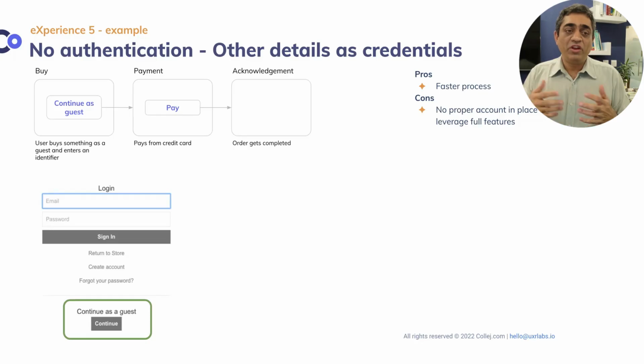This is where, when you're buying airline tickets or buying on e-commerce or whatever, traditionally people would ask you for your login and password, but a lot of times people may not want to give that. So they say, that's fine, I have your credit card information, so I am authenticating you. Just continue on as a guest. And what that did was reduce the friction of logging in or signing up for an account, and immediately had significant financial gains for the company.